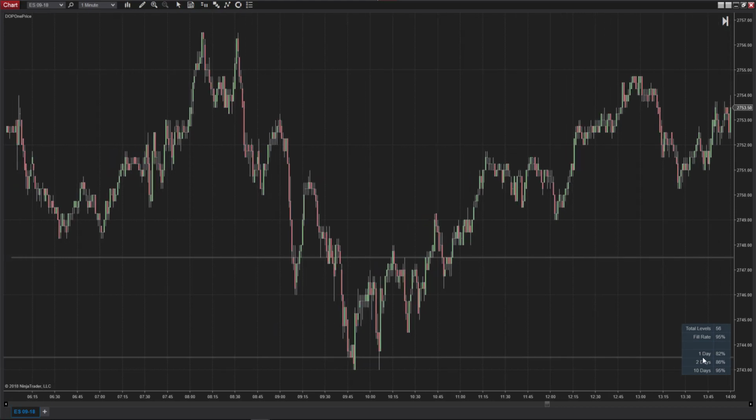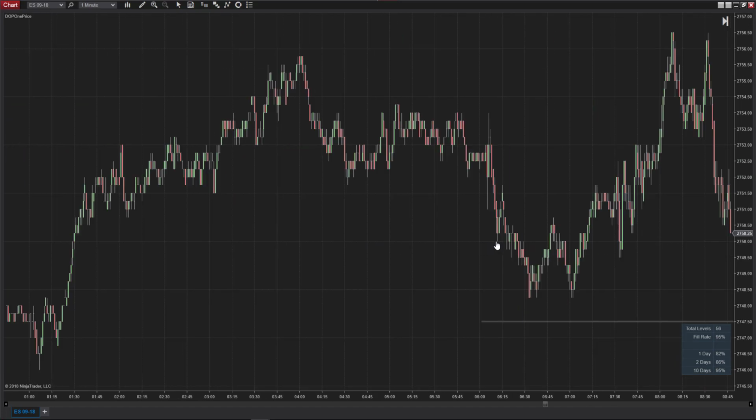You can further look at it: 82% of the 56 days filled on the first day, the day that it formed. So today's price was one of the 82% that filled on the day it formed. 86% took just 2 days, and the 95% comes within the first 10 days.